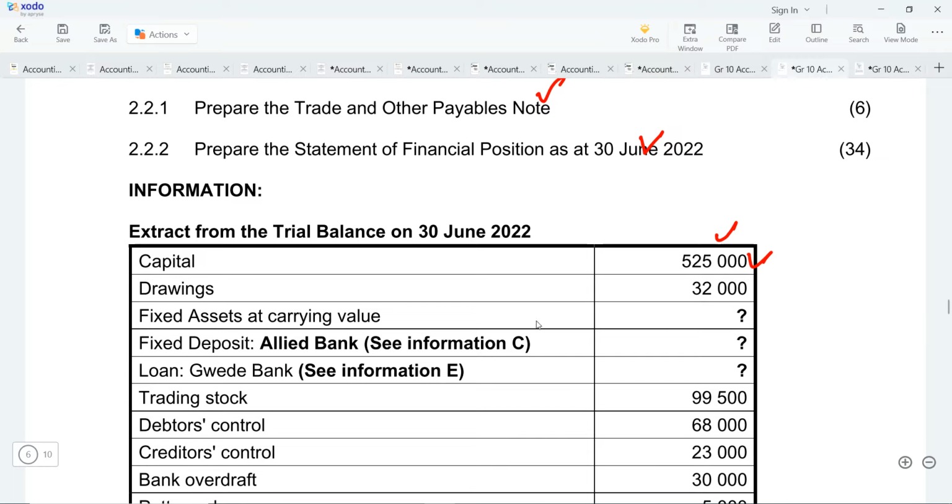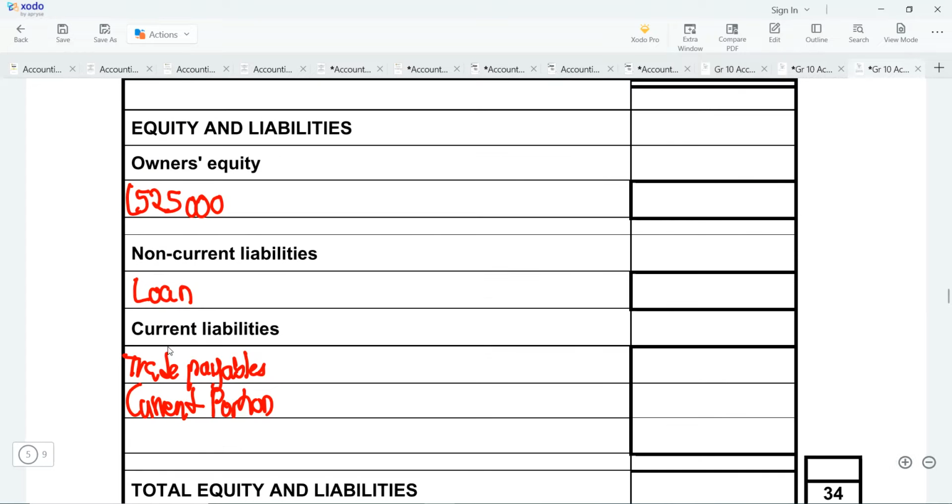Under this we also have the drawings. Remember, drawings are supposed to be deducted from the capital account, so we are going to subtract that 32,000, and then proceed with the next item.